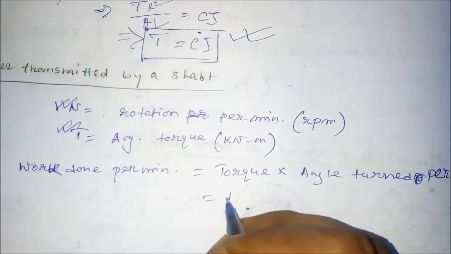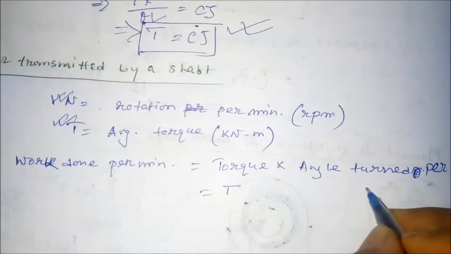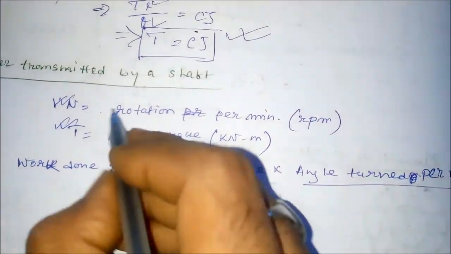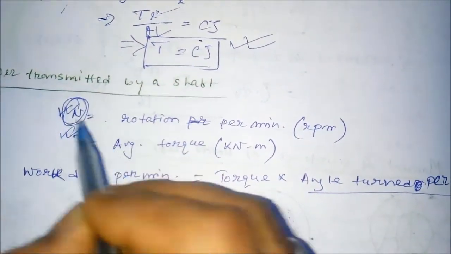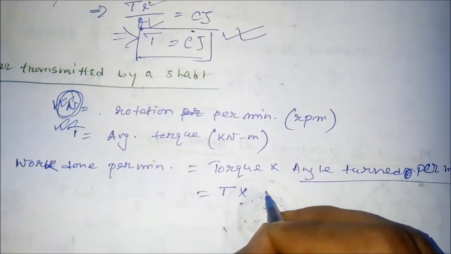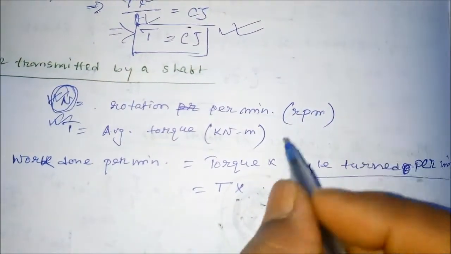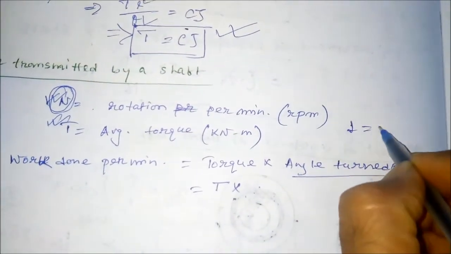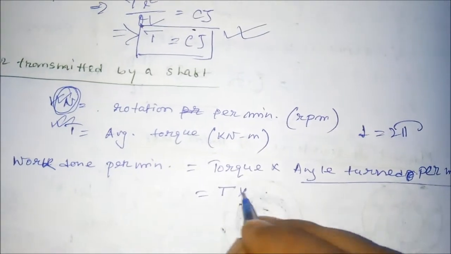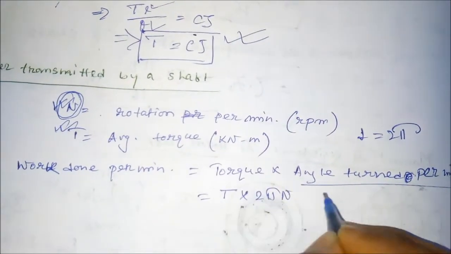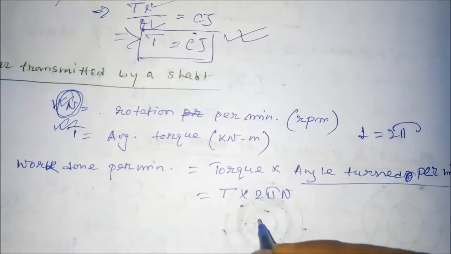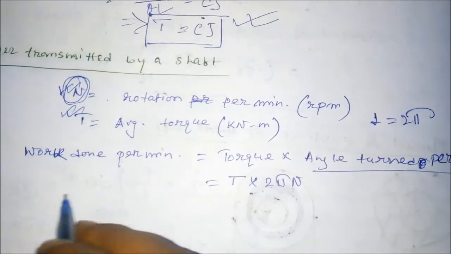So what is the torque? T. And what is the angle turned? If the number of revolutions is N, then the angle turned for one rotation is 2 pi, right? So this will be 2 pi N, right? So this is the work done per minute.